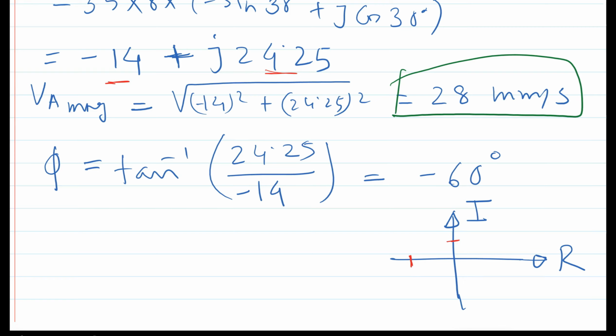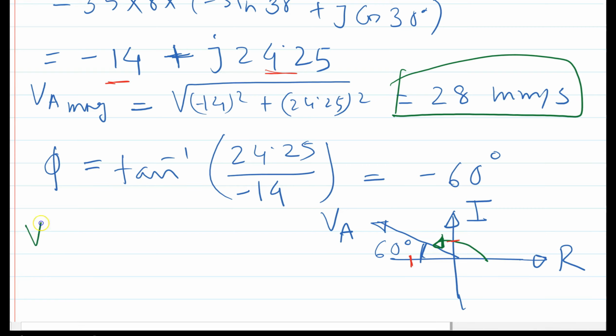So the vector we get is VA, and the angle we calculated here is 60 degrees. However, according to the definition, we need to measure the angle with the positive x-axis counterclockwise, which should be this angle.